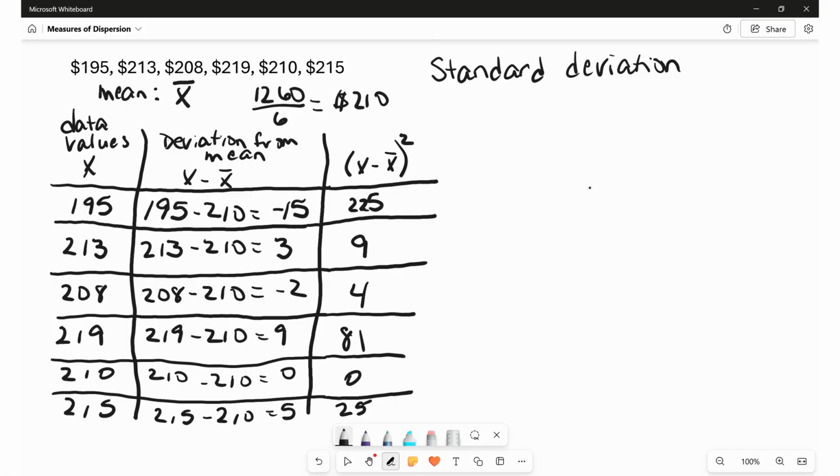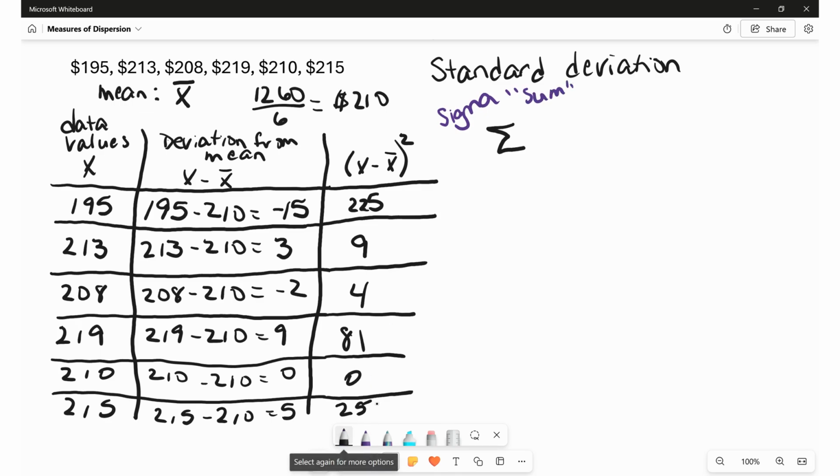Now we need to find the sum. And you're going to see this crazy looking E. This is sigma, and it means sum.